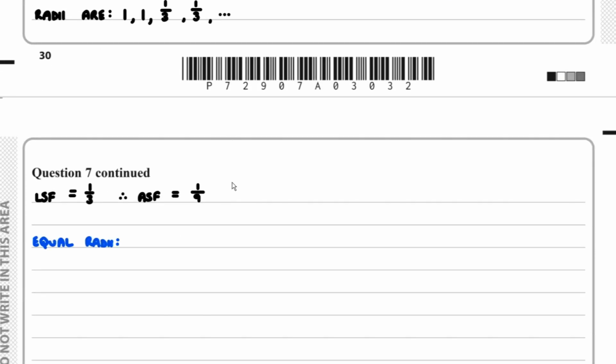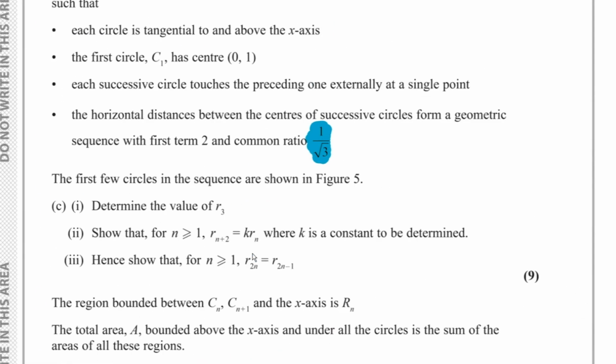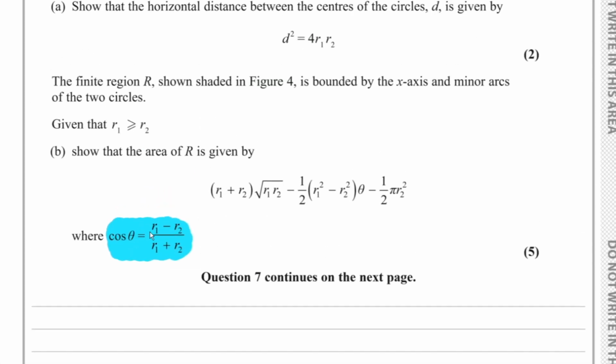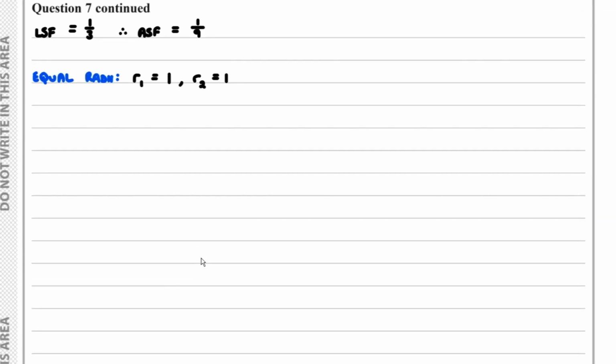So for equal radii, we've got R1, which is 1, and R2, which is 1. Now, if I go back to the question, we know that cos theta equals R1 take R2 over R1 plus R2. So with that, we'd have cos theta here being 1 take away 1 over 1 plus 1. So that's cos theta of 0. And if I find out what theta is, that's just pi over 2.